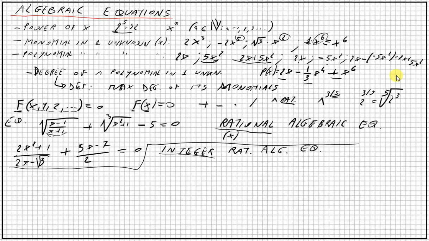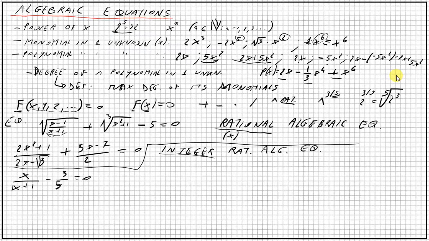So for example, if I have x divided by x plus 1 minus 3 divided by 5 equals 0, this is not an integer rational algebraic equation, it's a fractional rational algebraic equation.